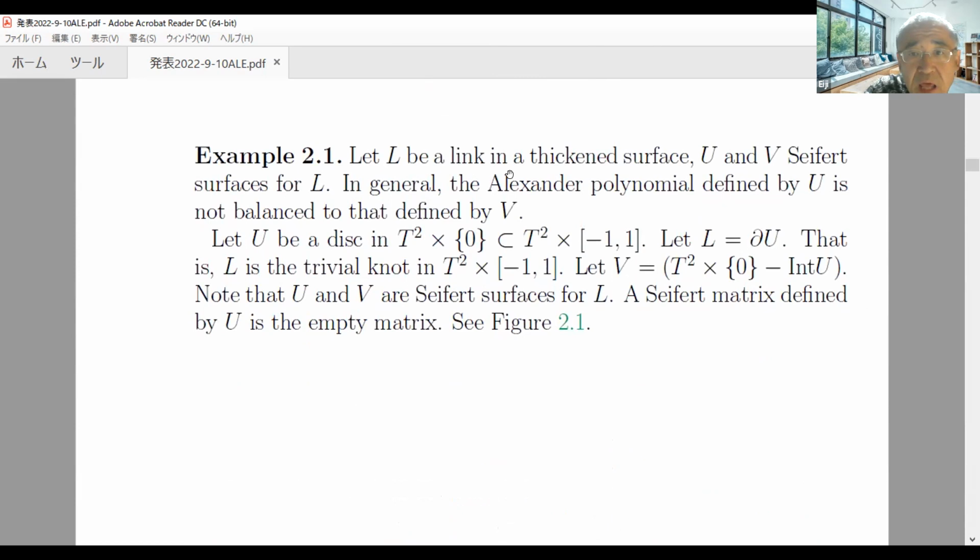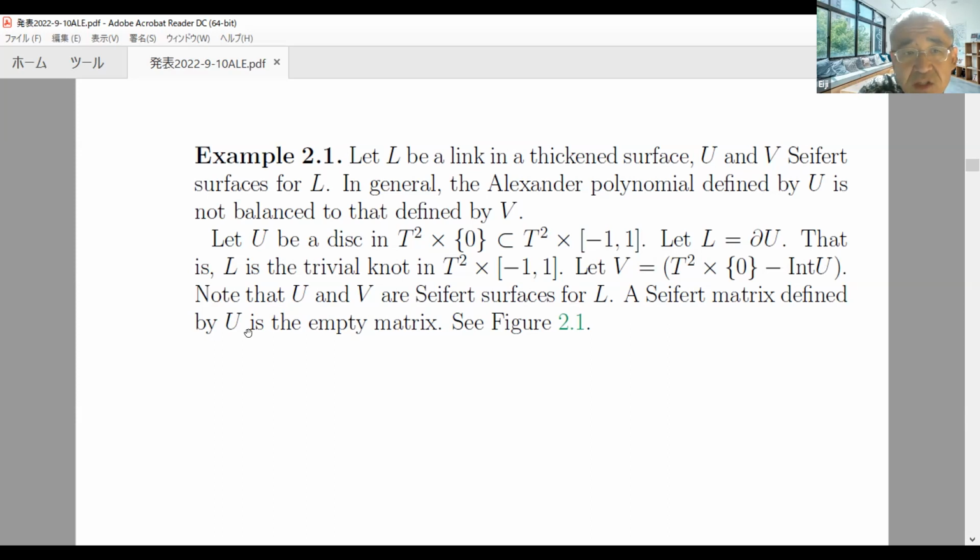Let L be a link in a thickened surface, and U and V Seifert surfaces for L. In general, the Alexander polynomial defined by U is not balanced to that defined by V. Let U be a disk in a T2 cross 0. Let L equal boundary of U. That is, L is the trivial knot. Let V equal T2 cross 0 minus interior of U. U and V are Seifert surfaces for L.